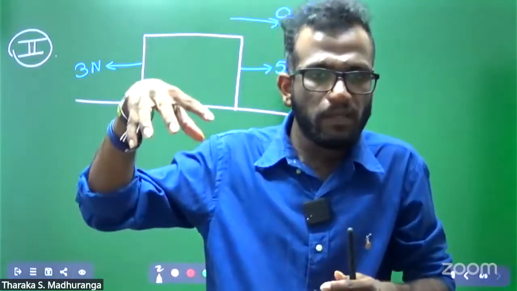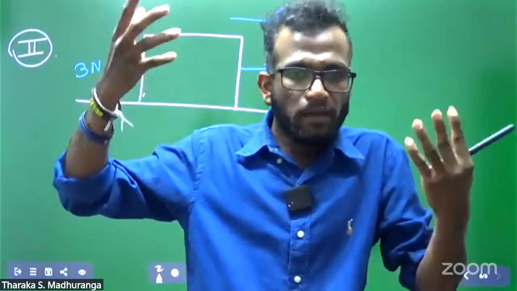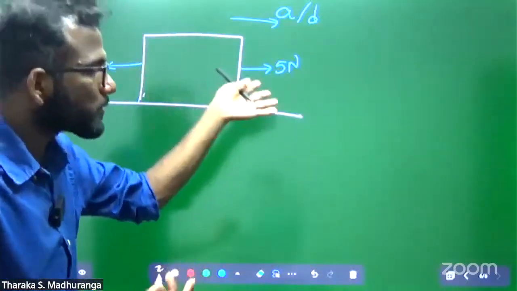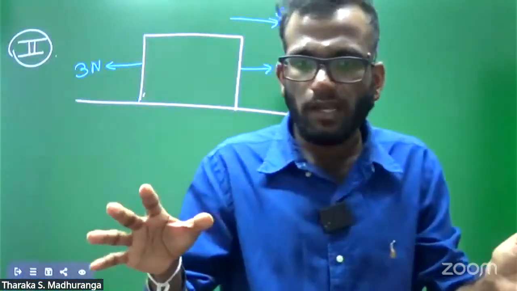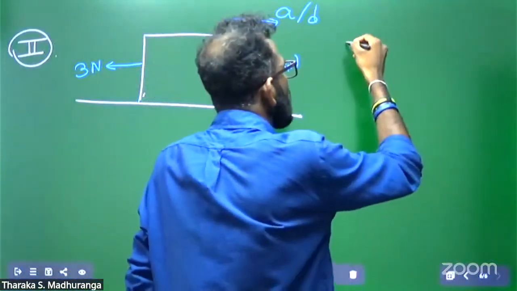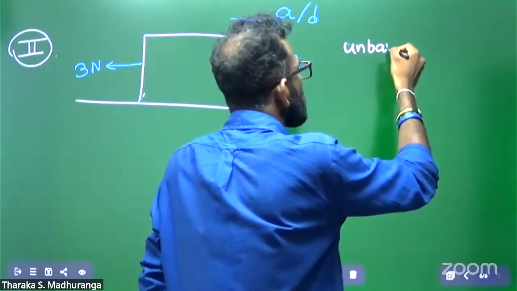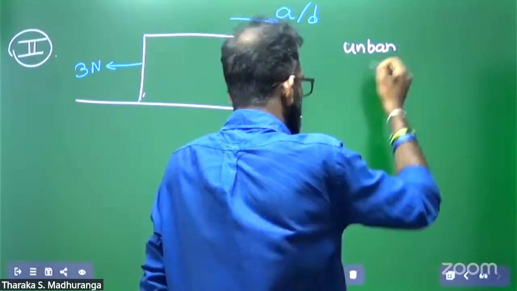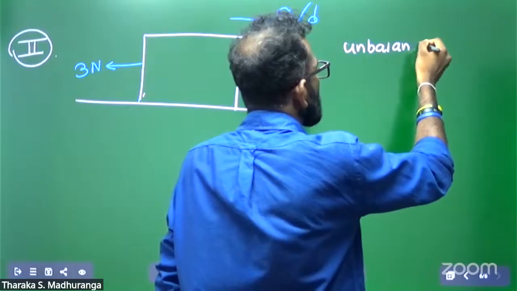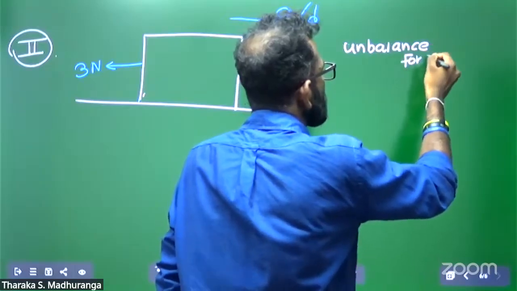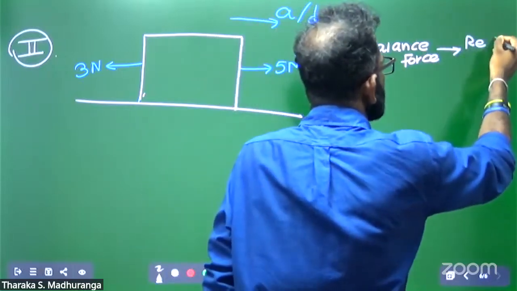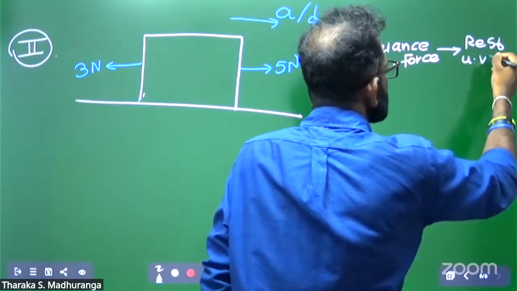If there is an unbalanced force on any object, the object is accelerating. That's the point you need to understand. Remember, if there is no unbalanced force, the object is at rest or moving with uniform velocity.